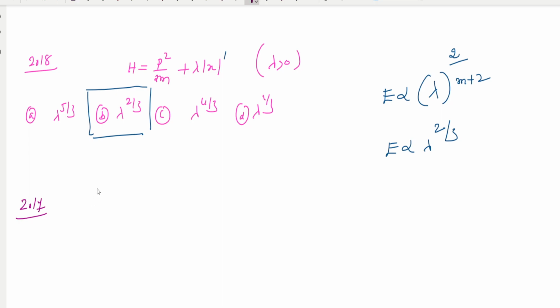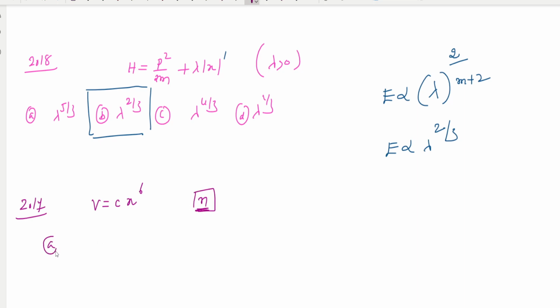The energy eigenvalue of a quantum system with potential equal to c x power 6, where c is greater than 0. The constant for large values of quantum number n varies. The large quantum number, they are specifically mentioning large.